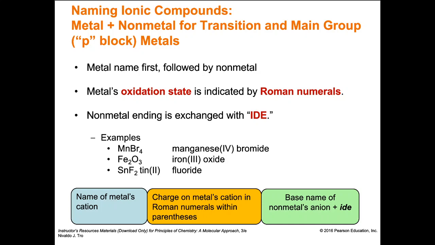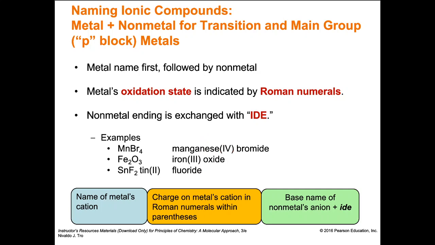And others can be a really wide variety. So the issue here is that we have to indicate the charge of the metal because it can have more than one charge. So it's not like magnesium, which is only going to be +2. Something like manganese, for instance here it's +4, but it could be other things as well.